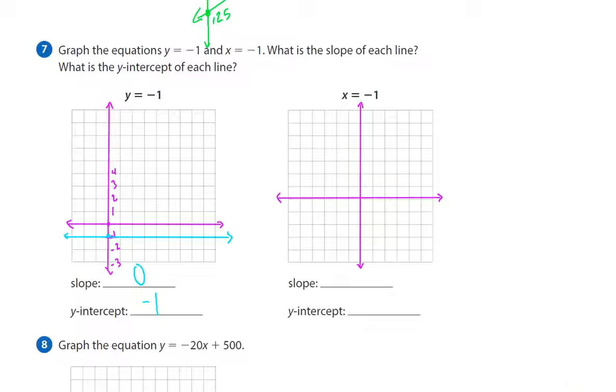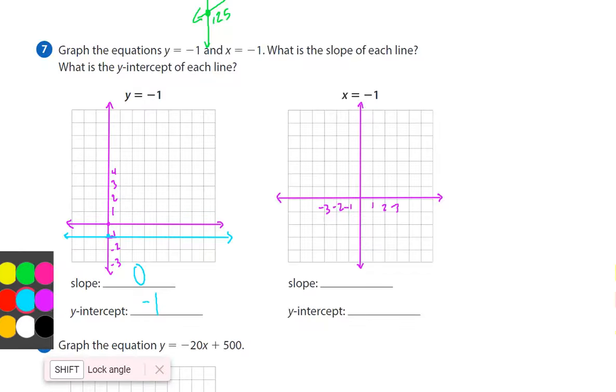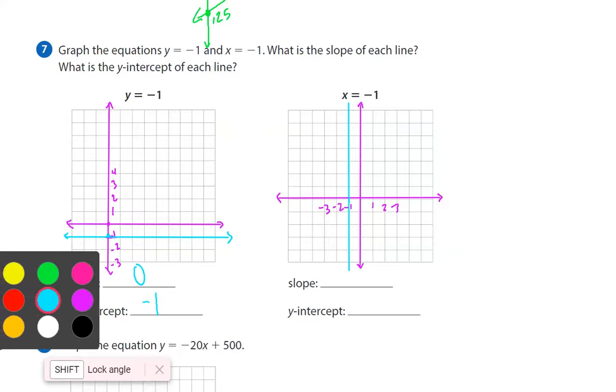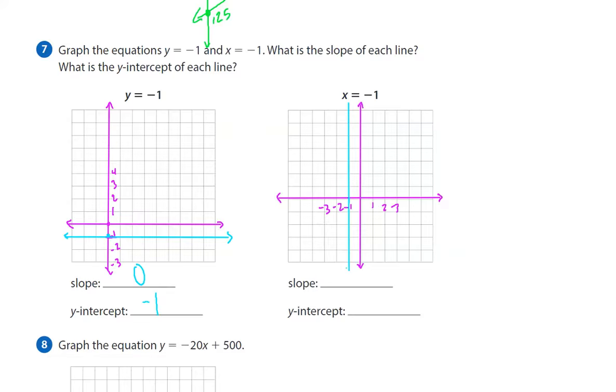Okay, now x is -1. Let's label this really quick. 1, 2, 3, -1, -2, -3. And make my line right through -1, because it says x is -1. I'll put my arrows to be proper.